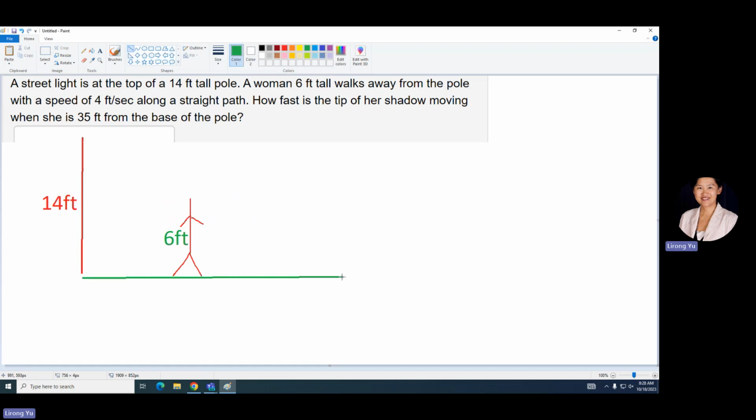This is the ground. The reason that this person has a shadow is because of the light. So the light is casting from the top of the person, and then there's a shadow. It's going to form a triangle, and this is the light. Then this is where the shadow is supposed to be.